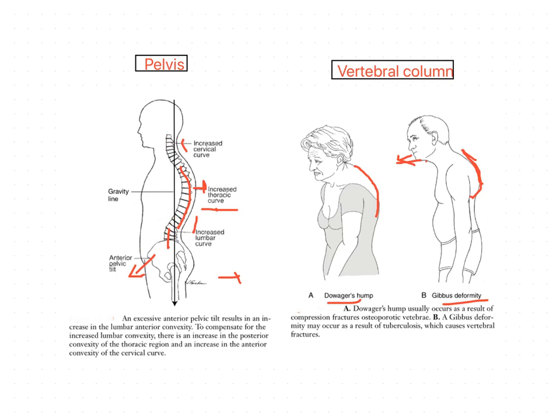What structures are affected, you can see in your books. I have explained this for the excessive anterior pelvic tilt; you can follow the same thing for the remaining conditions. So these are the deviations from the optimal alignment.